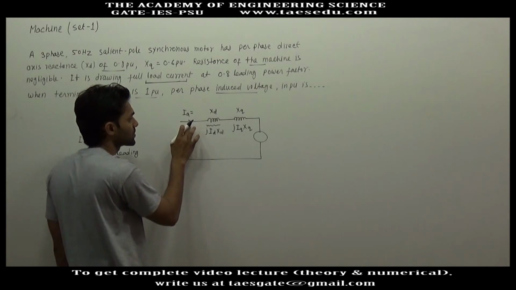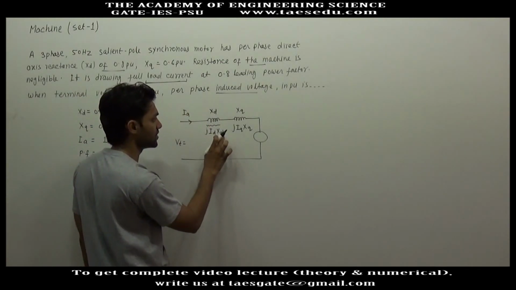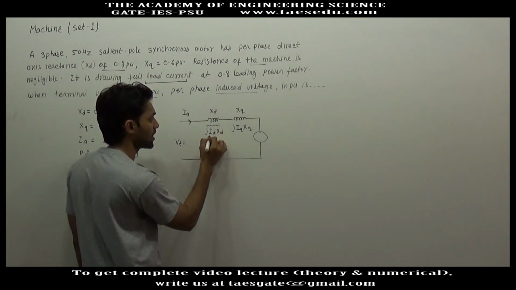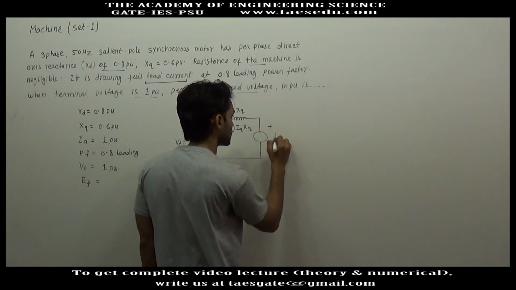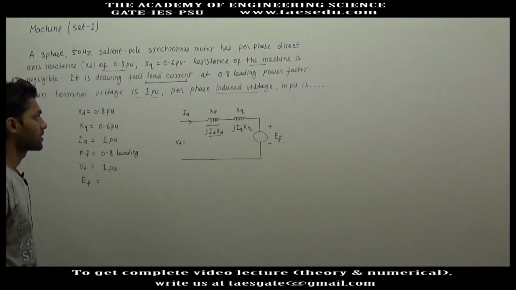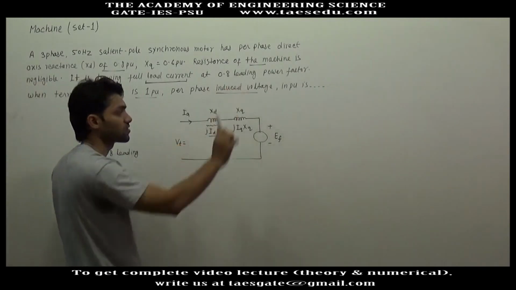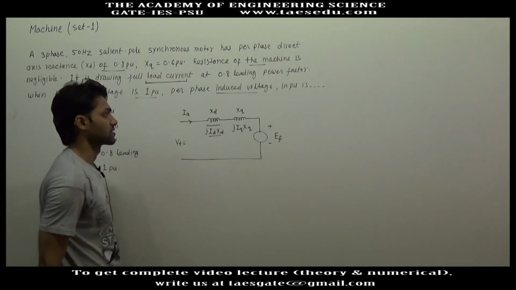Although the armature current is Ia, the voltage drop here will not be jIaXd. This will be jIdXd. And this voltage is induced voltage EF. Since resistance of the machine is negligible, I have not shown the armature resistance.